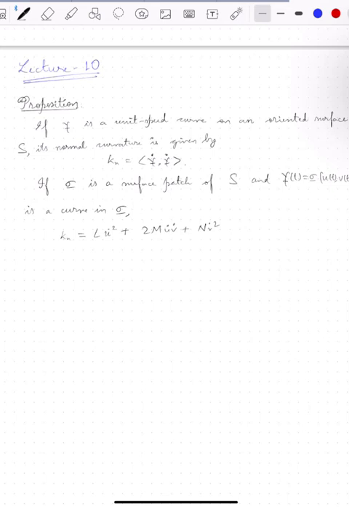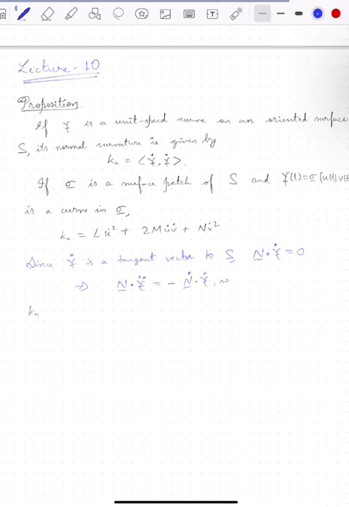So the proof of this goes as, since gamma vector is a tangent vector to S, because of which n vector dot gamma dot vector is equal to 0, isn't it? So this means that n vector dot gamma double dot is equal to minus of n dot gamma dot, right?